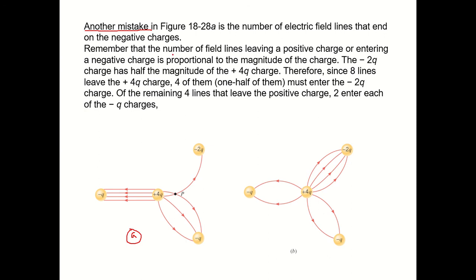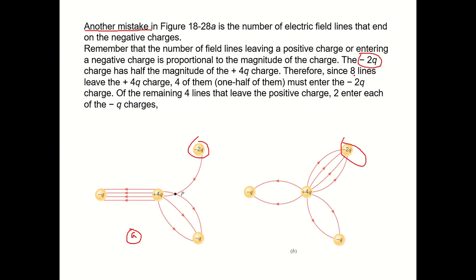Remember that the number of field lines leaving a positive charge or entering a negative charge is proportional to the magnitude of the charge. The negative 2q charge has half of the magnitude of this 4q, meaning half of this.